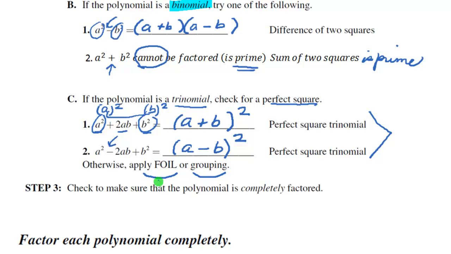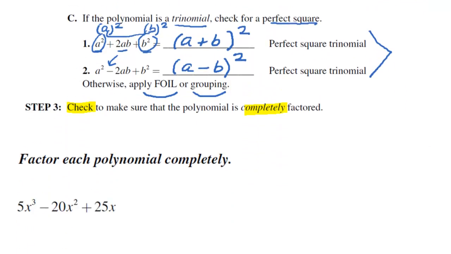So we're going to do the trial and error foiling that we've done before. Finally, once you've factored your polynomial, you always want to check to make sure that the polynomial is completely factored. What that means is look at your factors and see if any of those factors factor again, because sometimes some of those factors can factor more. So you want to check for that.